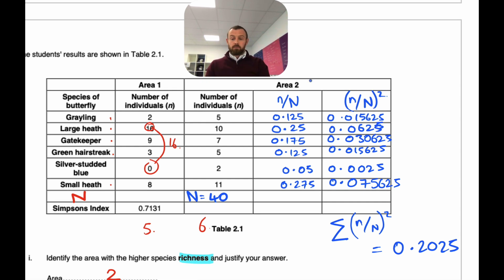And then finally, to work out our actual value for Simpson's diversity, we need to do 1 minus this number. So 1, take away that, equals 0.7975. Great.